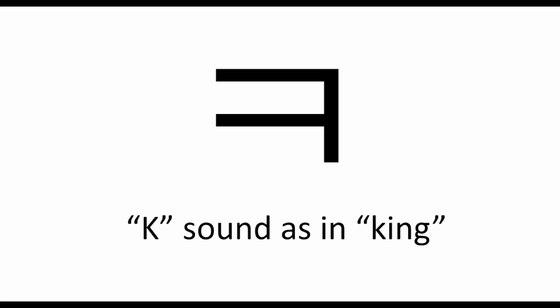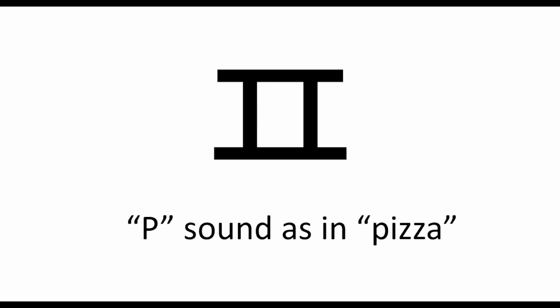키읔 has a K sound. Now, this is probably the most common one you'll see, because when Koreans write that they're laughing, they put it as k, k, k. It's three 키읔. And this has a sound like K in king, so it's k, k, k. 피읖 is P, as in pizza.